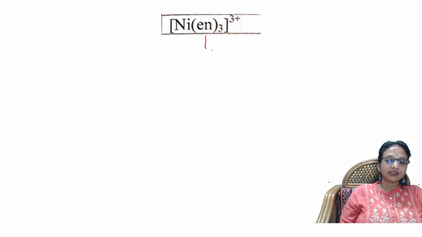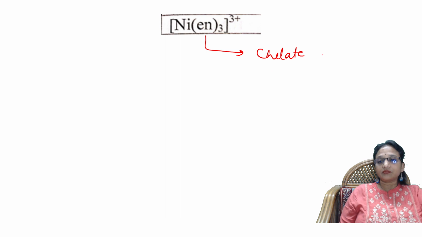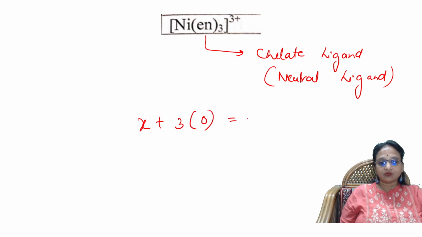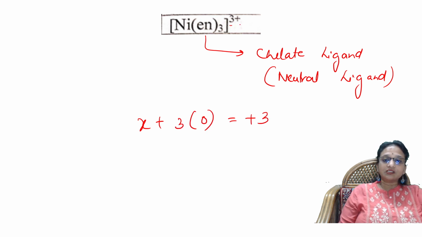This is which ligand? This is a chelate ligand. And important, it is a neutral ligand, so the charge is 0 on this. So make it Ni plus 3 into 0 is equal to plus 3. Write it, solve it. It is plus 3. So how to name it?